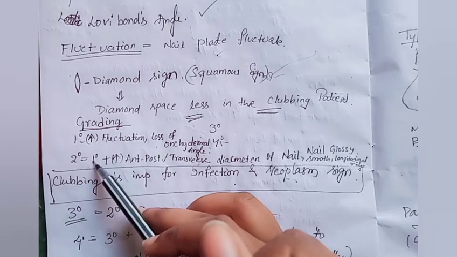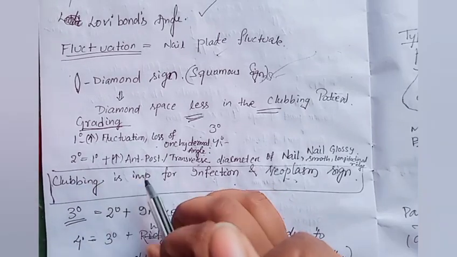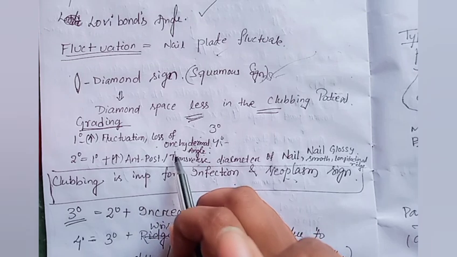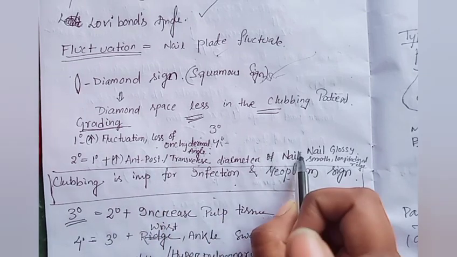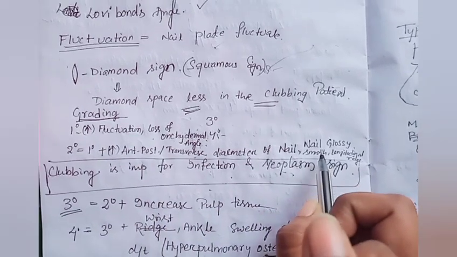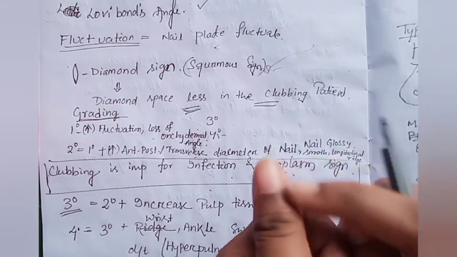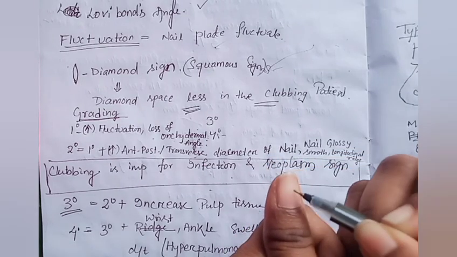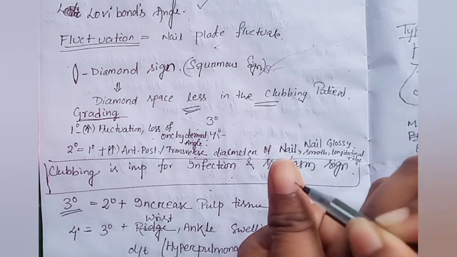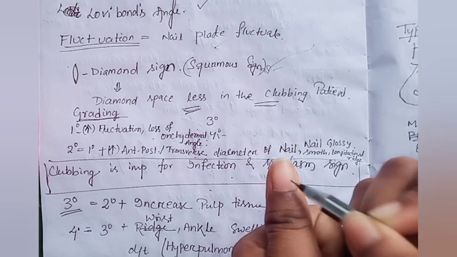Secondary: the primary criteria plus increase in the anterior-posterior or transverse diameter of the nail. The nail becomes glossy and smooth, and the longitudinal ridges of the nail are lost. The longitudinal ridge we find in a normal nail is absent in the clubbing patient.